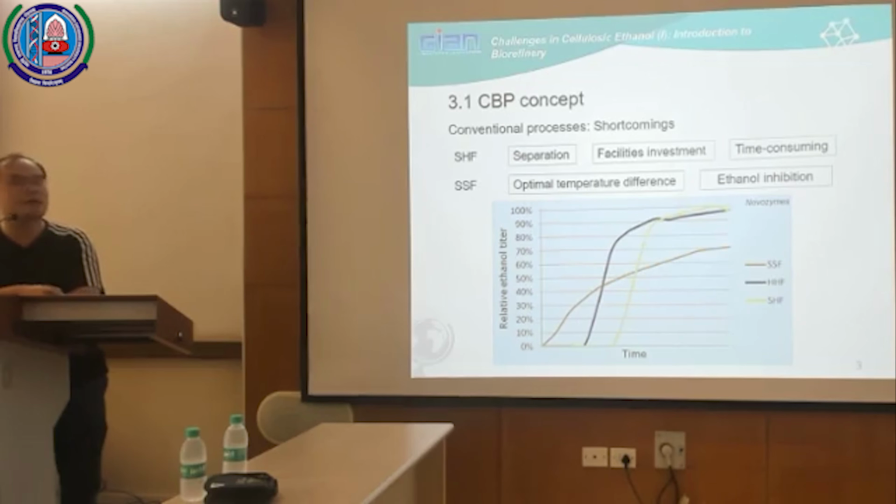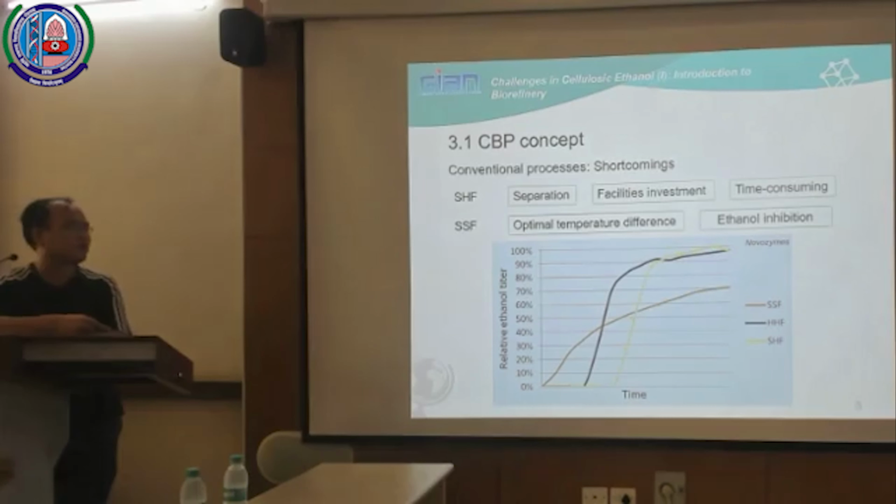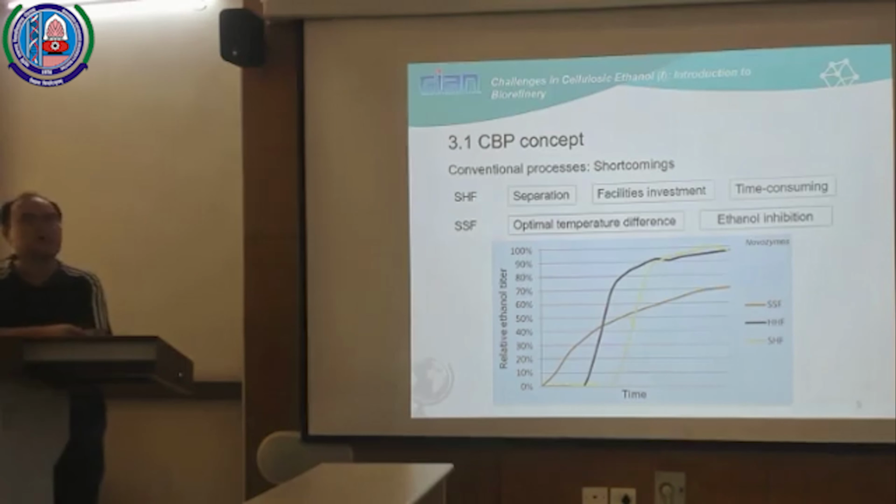This image illustrates the SSF data from long times. Not only the conversion velocity, but also the productivity is lower than the typical SHF. And the total time consumed is also very long to reach a comparable level of ethanol production.